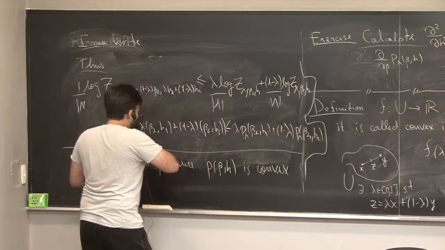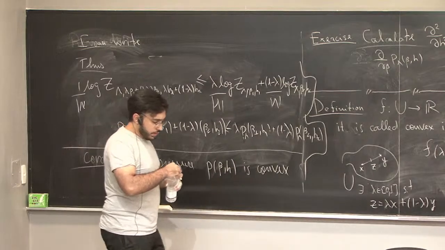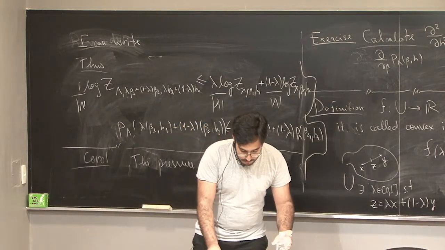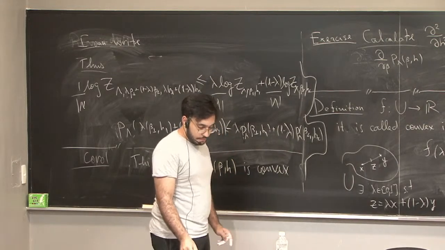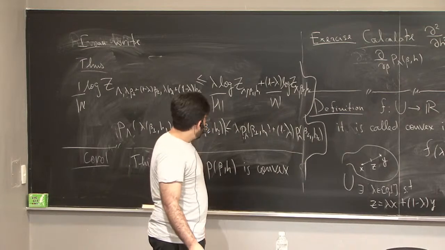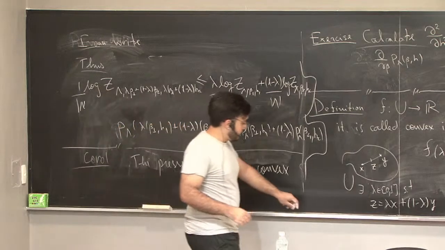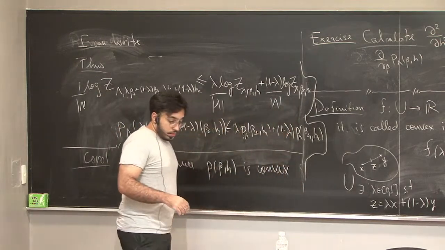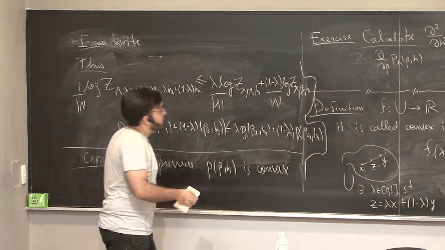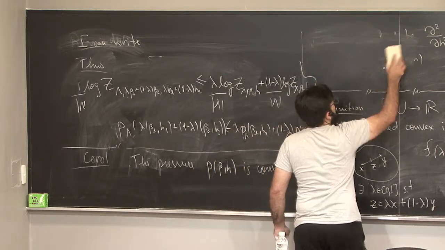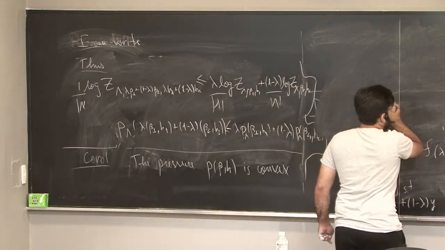So what are the consequences of such a property? Remember, in the last 2 days we were talking about how we could find some bad behavior of this function. And it turns out that if the function is convex, there are some kinds of bad behavior that are not allowed to happen.